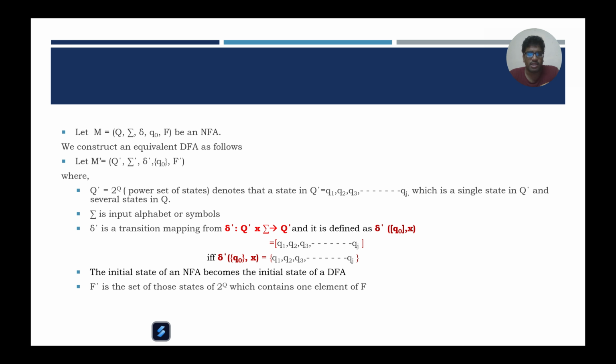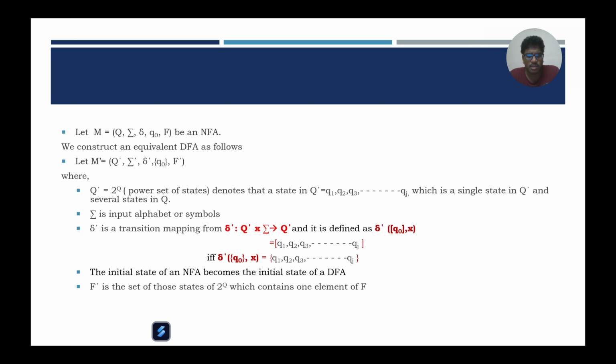But delta dash is a transition mapping from Q' × Σ to Q'. That is, by considering a set of states or a single state with some input, it reaches a Q' state.